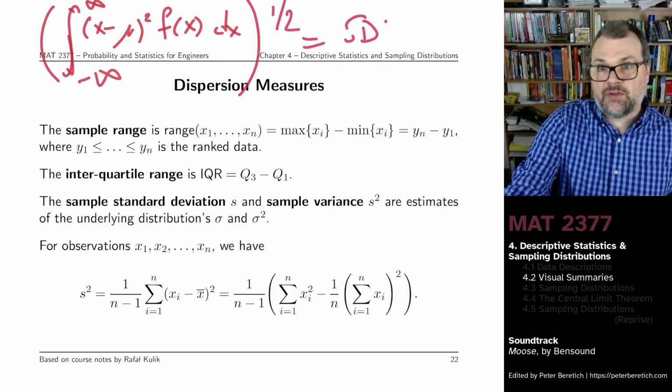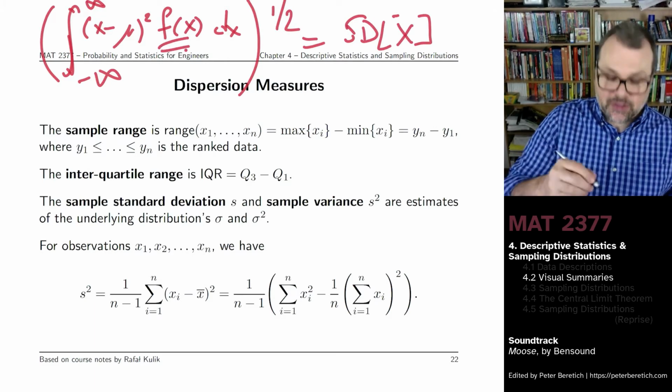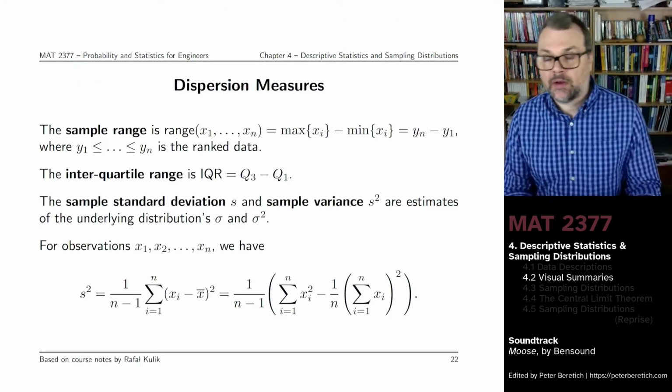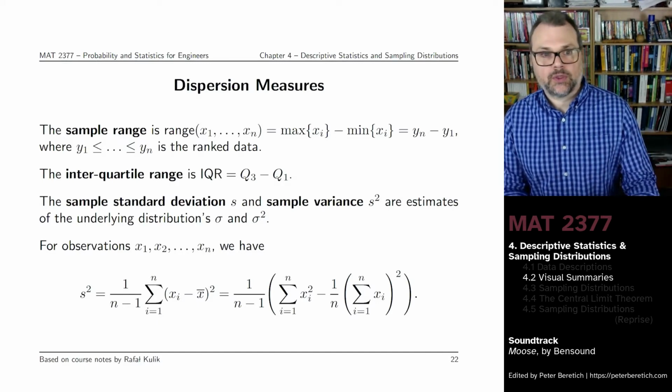That's your standard deviation for the random variable. But that assumes you have a probability density function. If you're just working with a sample, you don't necessarily know what the PDF is. So you need to find a way to estimate this quantity.